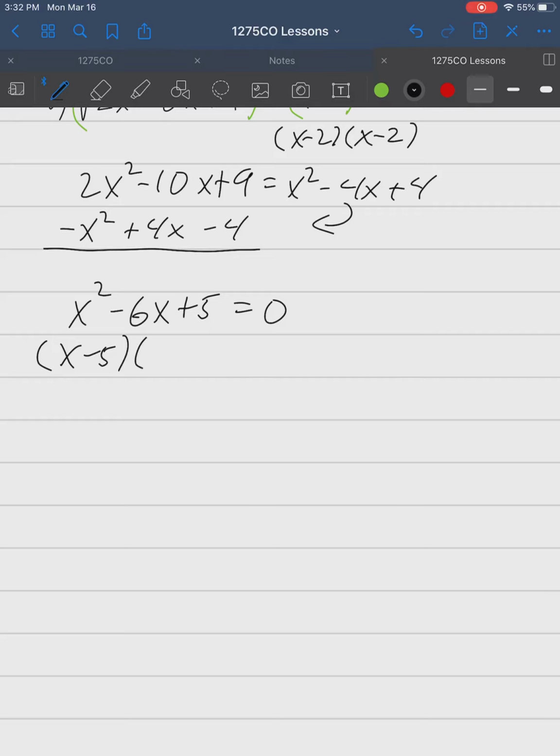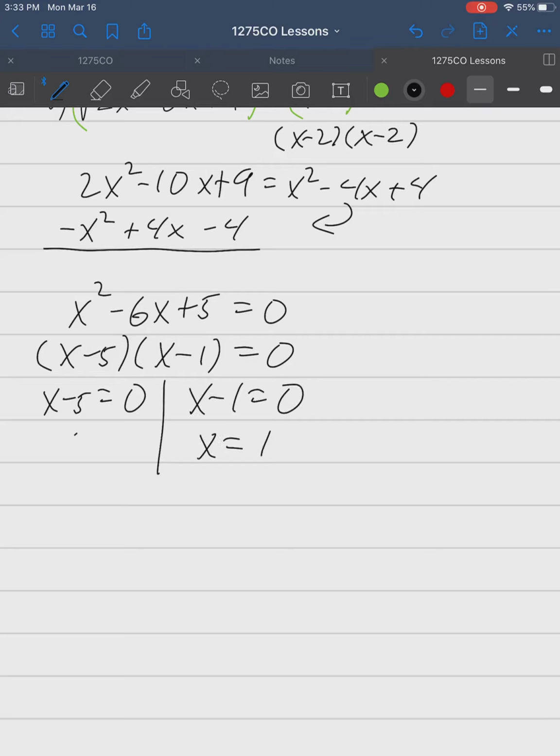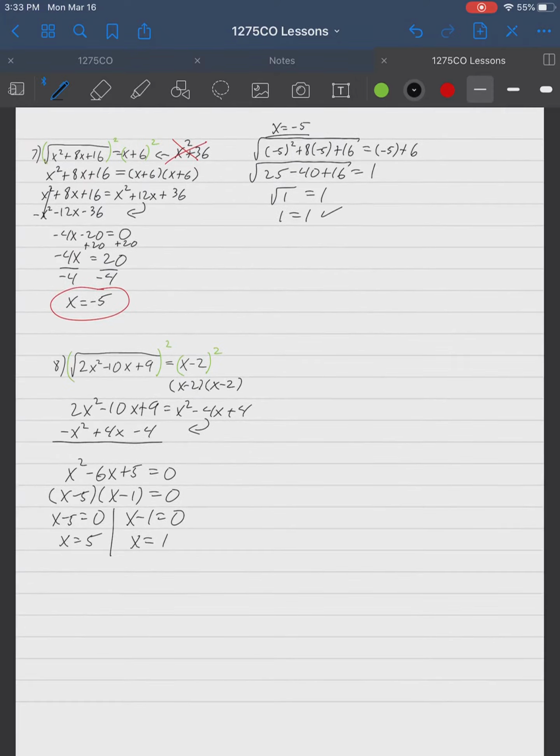X minus 5 times x minus 1, because negative 5 times negative 1 is equal to positive 5 and adds up to negative 6. So x minus 5 is equal to 0, x minus 1 is equal to 0, and we are getting our two answers here from the zero product rule.